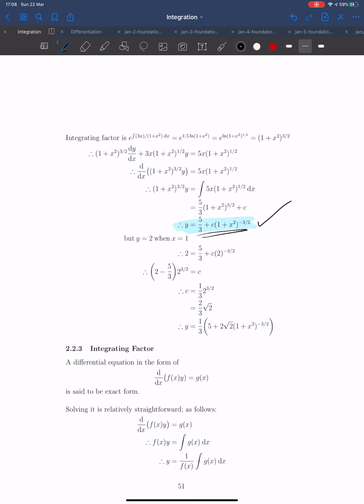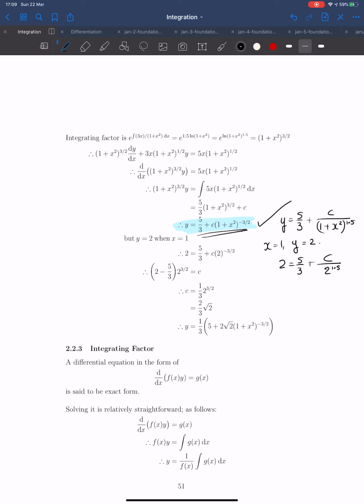So we can substitute. I've ended up with y equals 5/3 plus c over 1 plus x squared to the 1.5. And we can substitute x is 1, y is 2. So 2 is 5/3 plus c over 1 plus 1, which is 2 to the 1.5, because 1 squared is 1.